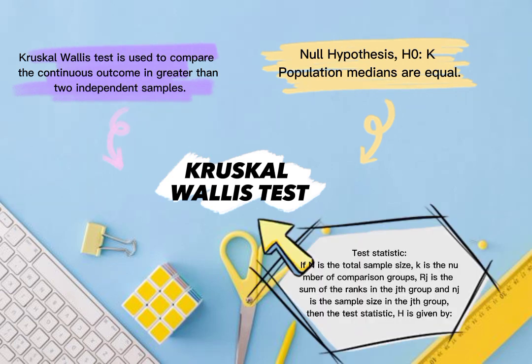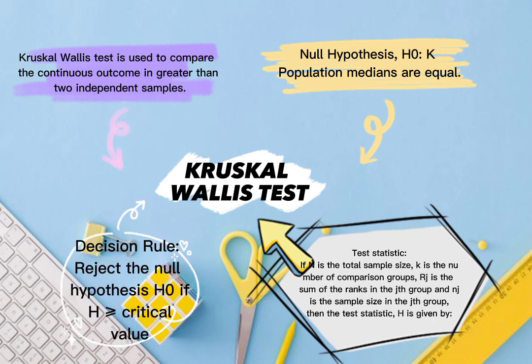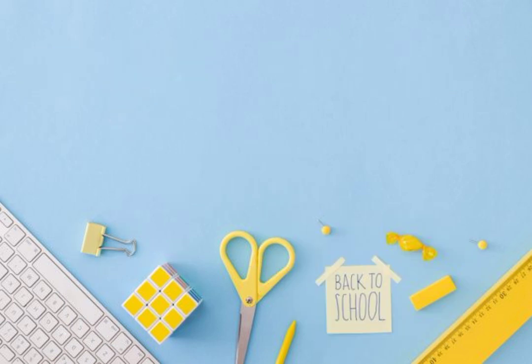Test statistic: if N is the total sample size, K is the number of comparison groups, Rj is the sum of the ranks in the jth group, and Nj is the sample size in the jth group, then the test statistic H is given by the formula. Decision rule: reject the null hypothesis H0 if H is greater than or equal to the critical value.